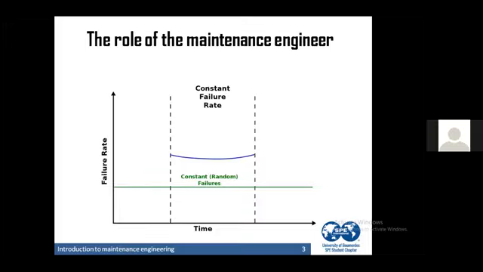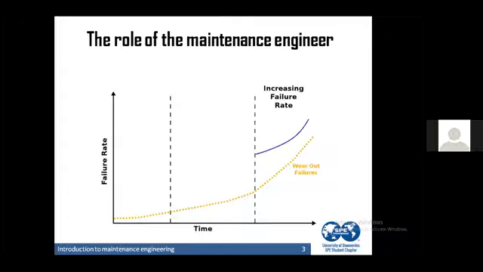If you have a severe environment, we will get a lot of issues, a lot of failures. However, if we have constant working states or conditions, we will get just a small amount of failures. So because of that, we can say that we are in a random failure step.